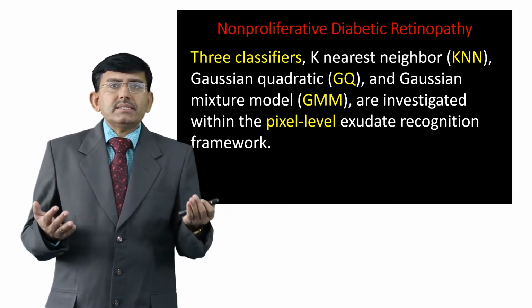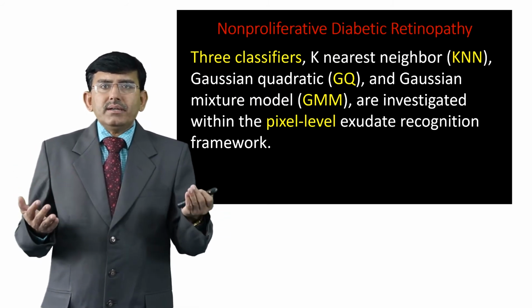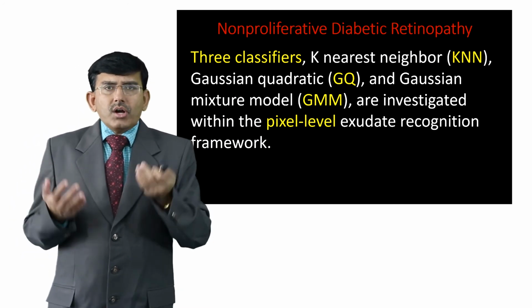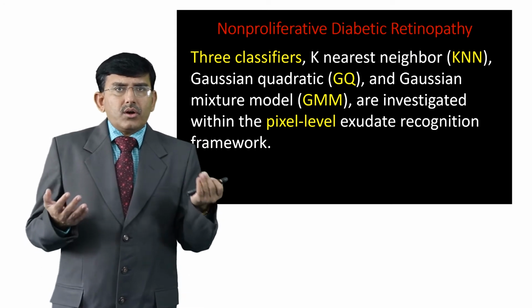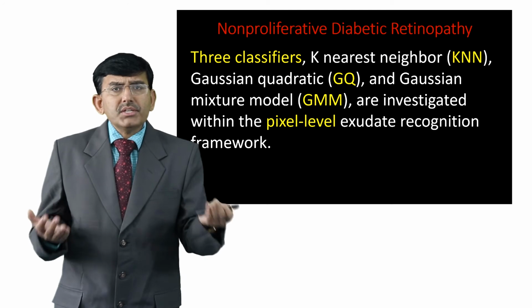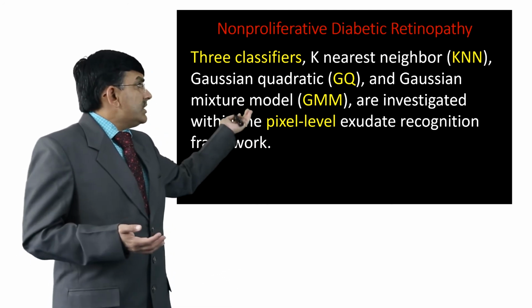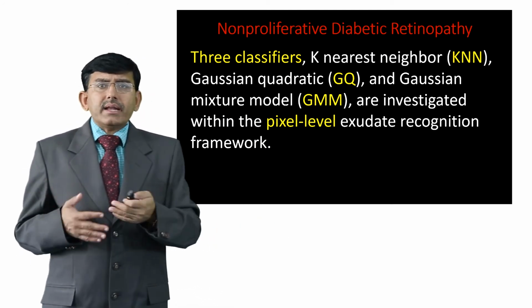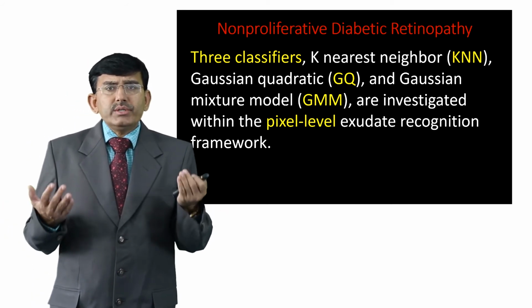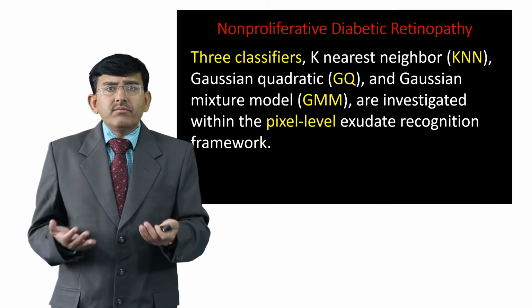Three classifiers: K nearest neighbor, called KNN, Gaussian quadratic, GQ, and Gaussian mixture model, that is GMM, are investigated within the pixel level exudate recognition framework.